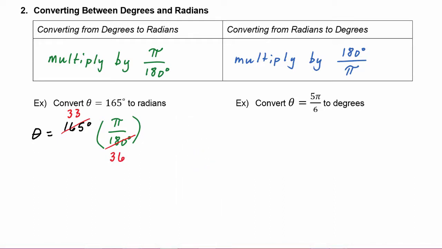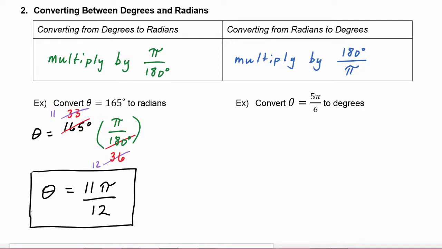Now we see that we have a common factor between 33 and 36 of 3. So if we take 33 and divide it by 3, we're going to get 11. If we take 36 and divide it by 3, we're going to get 12. So we can see that theta is going to equal 11 pi over 12. And notice we leave the units off because that indicates we're using the radian measurement system.